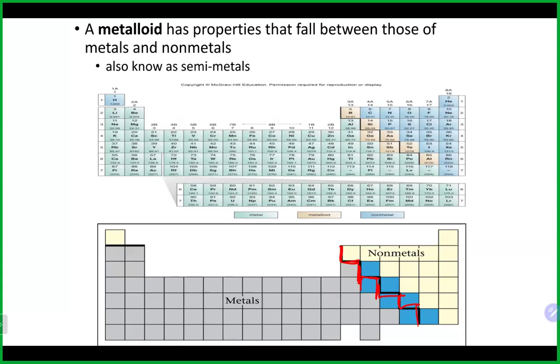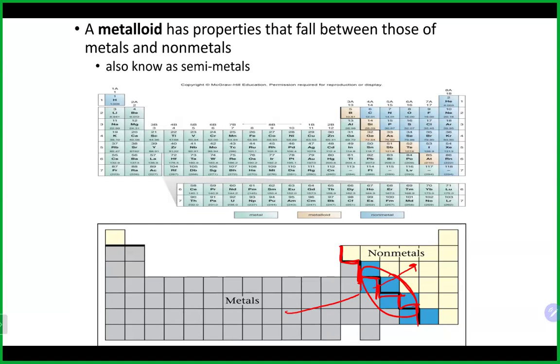They have some characteristics that people would say are very much like a metal, and the same element will have some characteristics that are very much like a non-metal. That makes sense if you think about where they're located. We've got metals transitioning into non-metals, so they're almost like a transition point between metals and non-metals. They have characteristics that fall on both sides of the staircase.